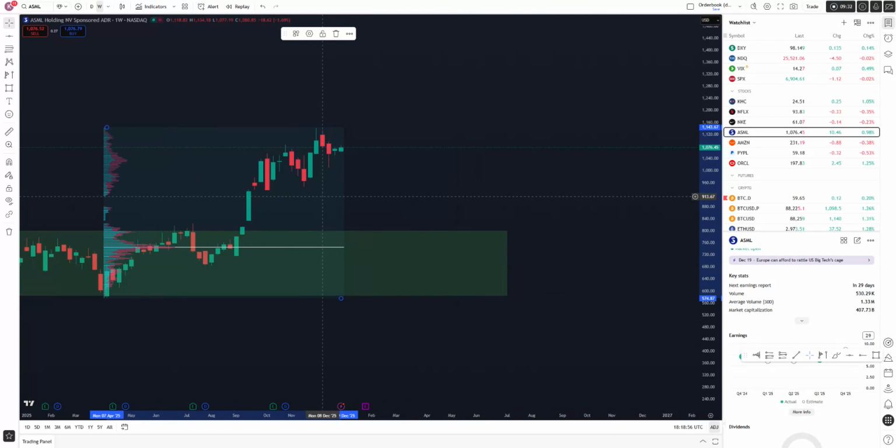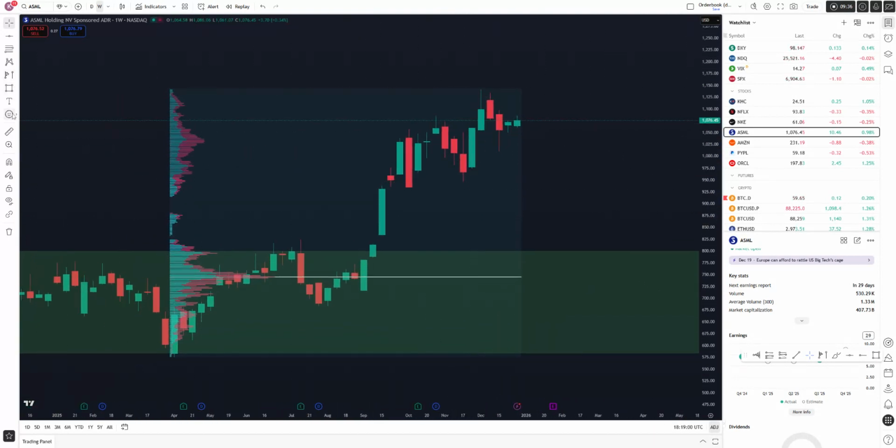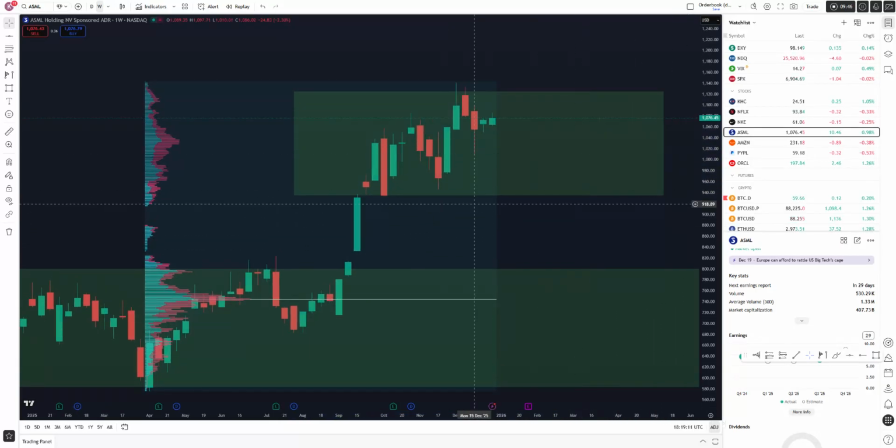Same shit. However, we see a bit more detail. We see that right now, this area, we are also in a fair value zone. So this fair value zone is very interesting.